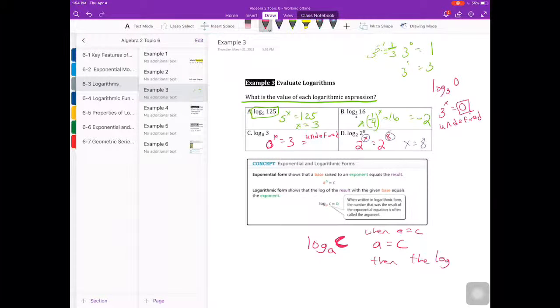The log cancels, and you're just left with that exponent. Then your exponent equals your exponent. So in this case, 2 to the 8th is 8. So that's how we get there.